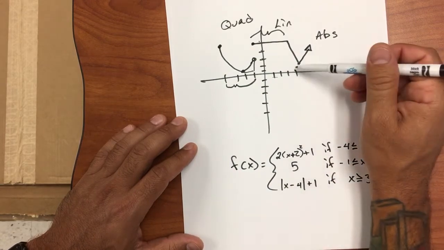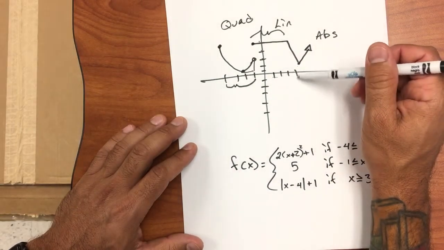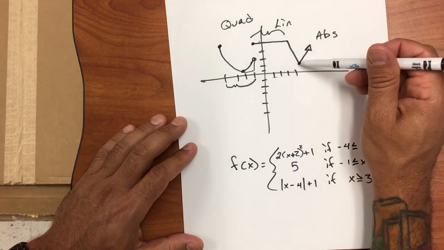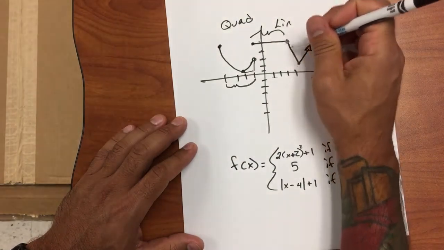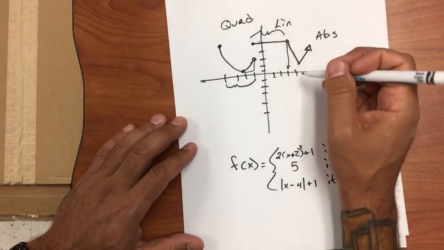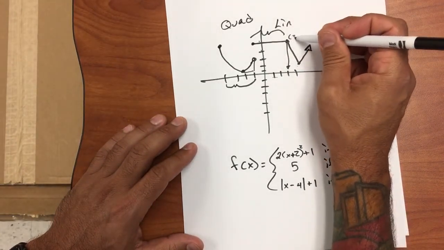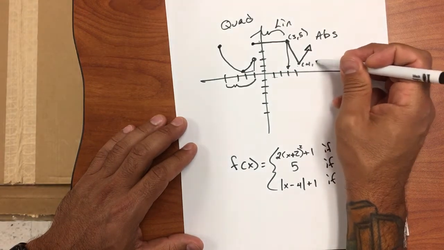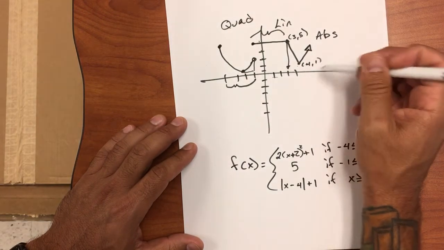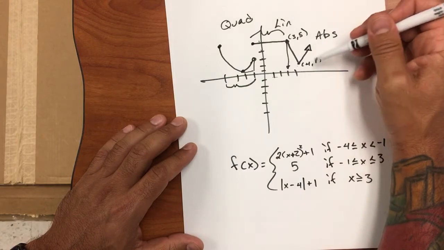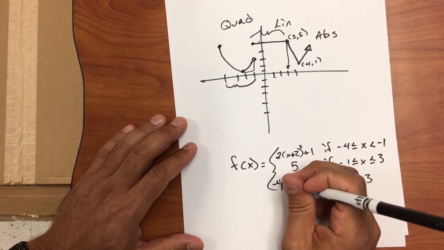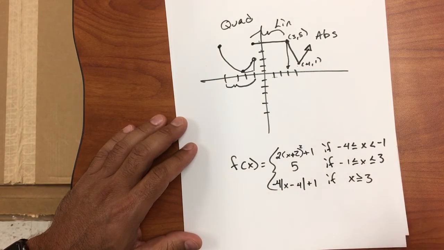And then the standard rate of change on an absolute value is over 1, up 1 all the way. The next point that's going to be the easiest to use is this guy right here, which is at 3, 5. This point right here was at 4, 1. So that means that I went up 4 and to the left 1, which is negative 4 over 1.